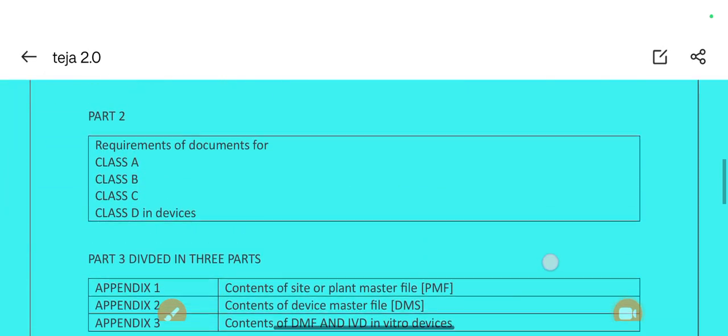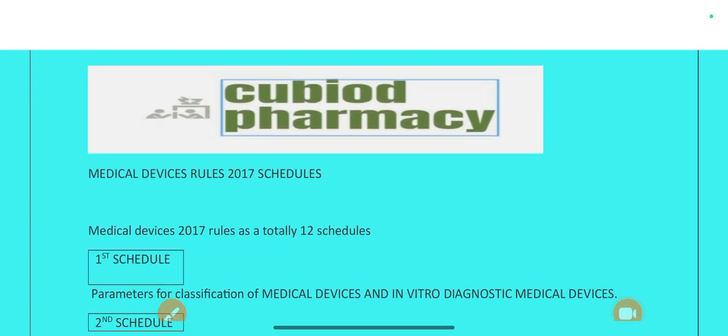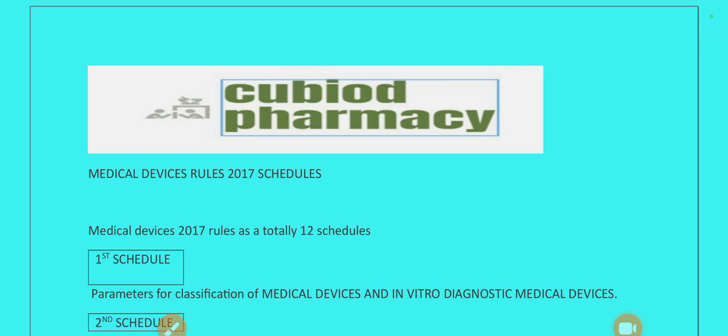This is a very important topic for the upcoming drug inspector examination. Before, we discussed two chapters, and in this session we discussed two schedules. Next class we will discuss forms and rules. Okay, it is a very important topic.